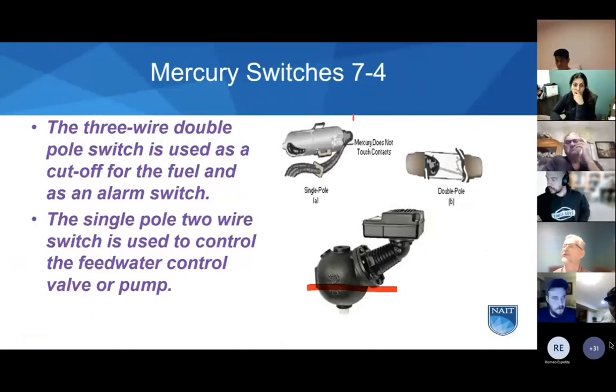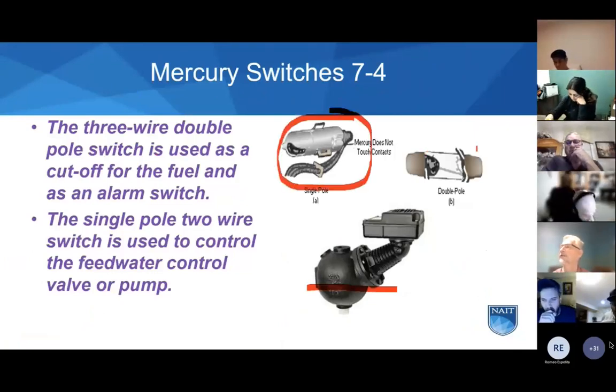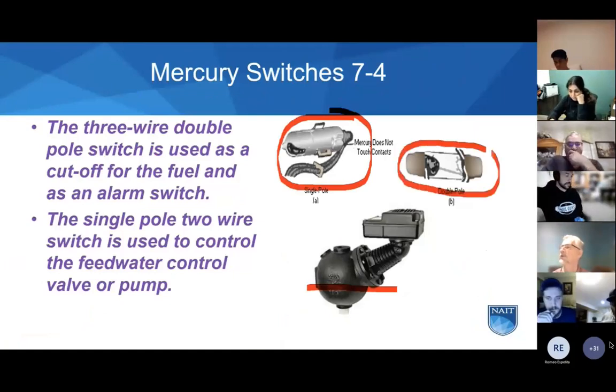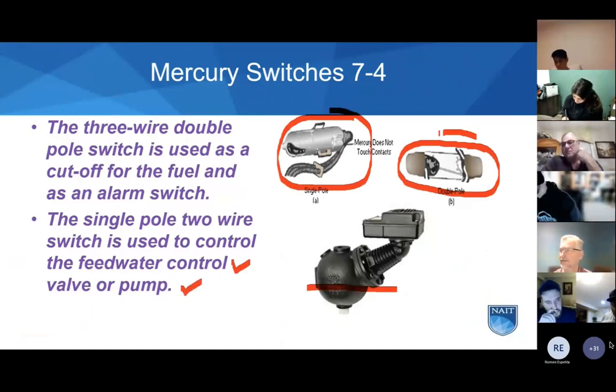So here's the mercury switch, tip to the left, no contact. Here's a mercury switch with two contact sets in it. Sometimes we can also control the feed water control valve or pump with a second set of contacts.